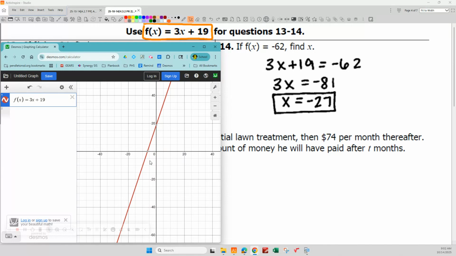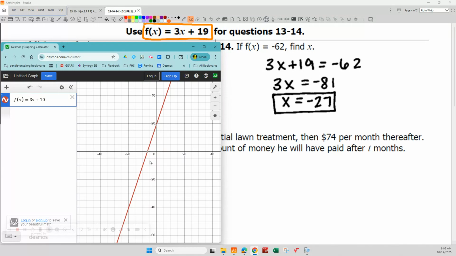So what are they asking us to do in question 14 again? Find x when f of x, which is just a fancy name for y, is equal to negative 62. So I'm looking for the ordered pair that has what?